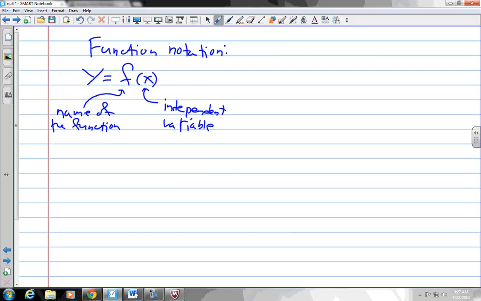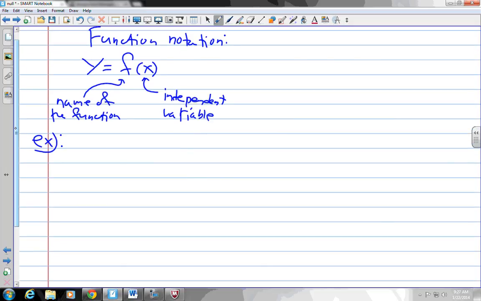And f of x is your dependent variable. That's the value of the function at any given point in the domain. So for example, f of x equals negative x squared plus 3x plus 4.